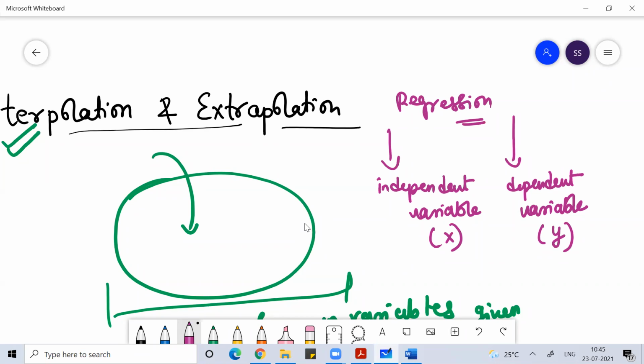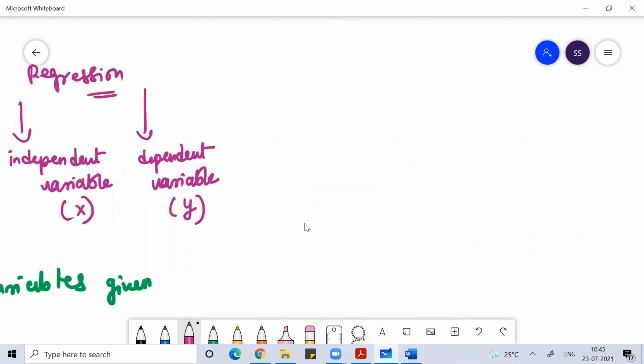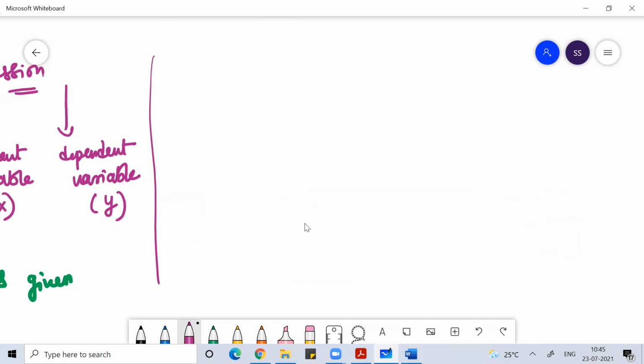I hope everyone understood this. Anyone have any doubt? What is interpolation and extrapolation, I'm simply taking from the book.